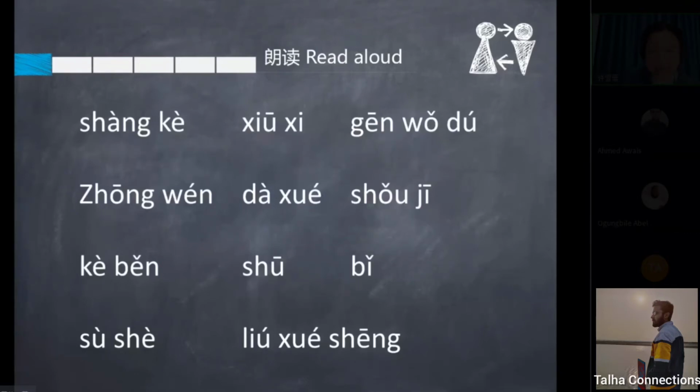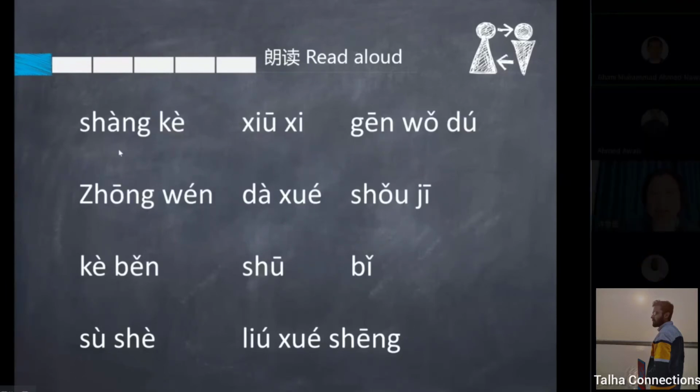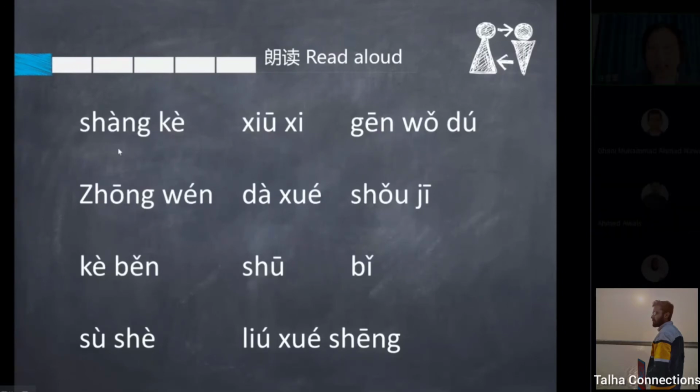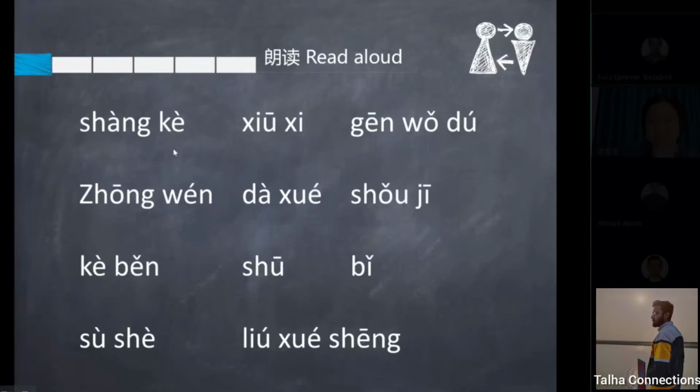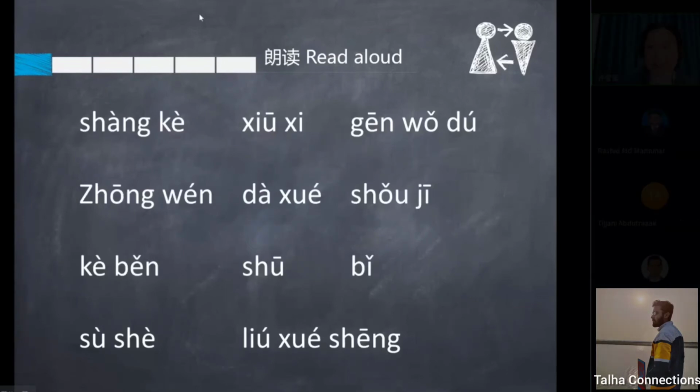So next time when we start our class, I will say 上课. If you hear me say 上课, that would mean our class begins. 上课，上课. Great. Okay. Now let's move on to the next one.